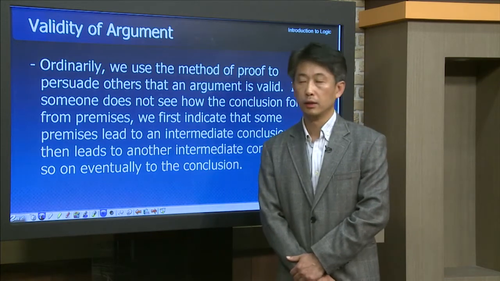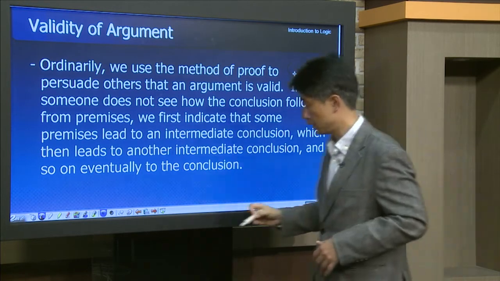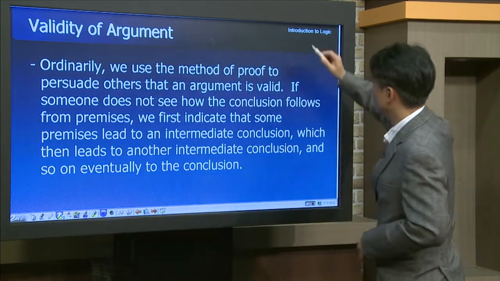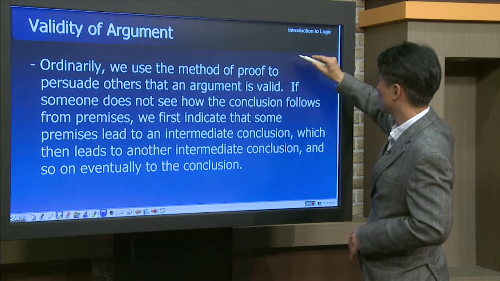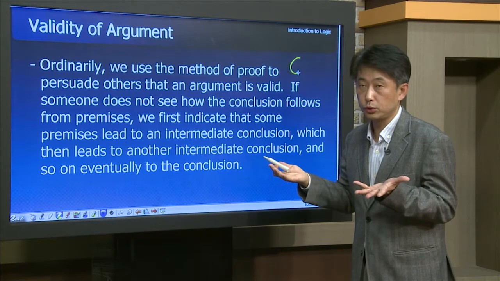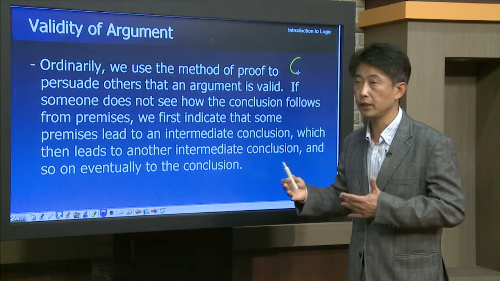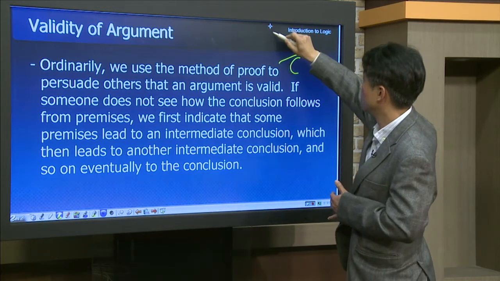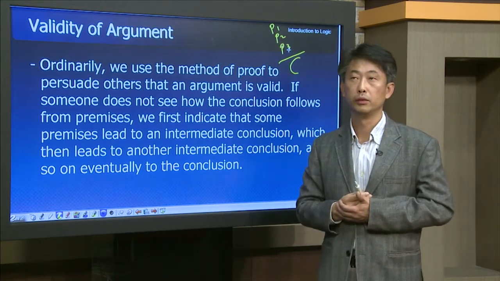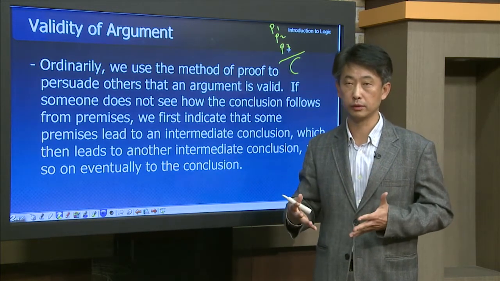For example, suppose you say your belief or conclusion is, let's say, C. And someone asks, well, why is C true? Your friend asks why he or she has to accept C. Well, you say C is true because P1, P2, P3. You try to give reasons why C is true. You try to provide grounds for believing C.